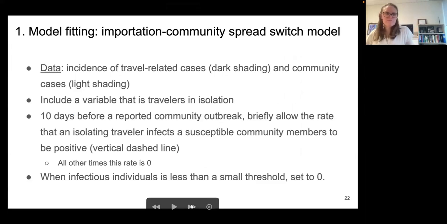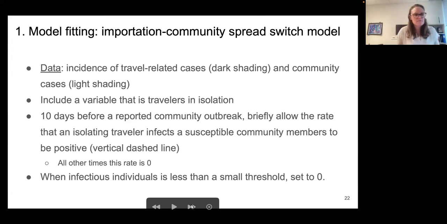So the data is the incidence of travel-related cases. The dark shading is travel-related cases. The light shading is community cases. We include a variable that is travelers in isolation. So 10 days before a reported community outbreak, we briefly allow the rate that an isolating traveler infects a susceptible community member to be positive, and that was represented by the vertical dashed line.